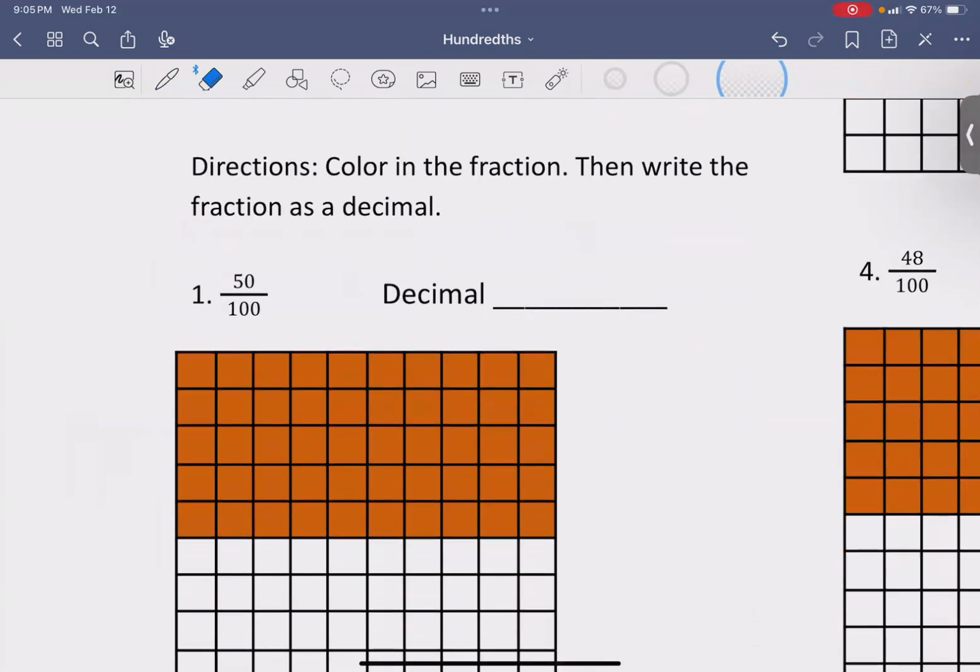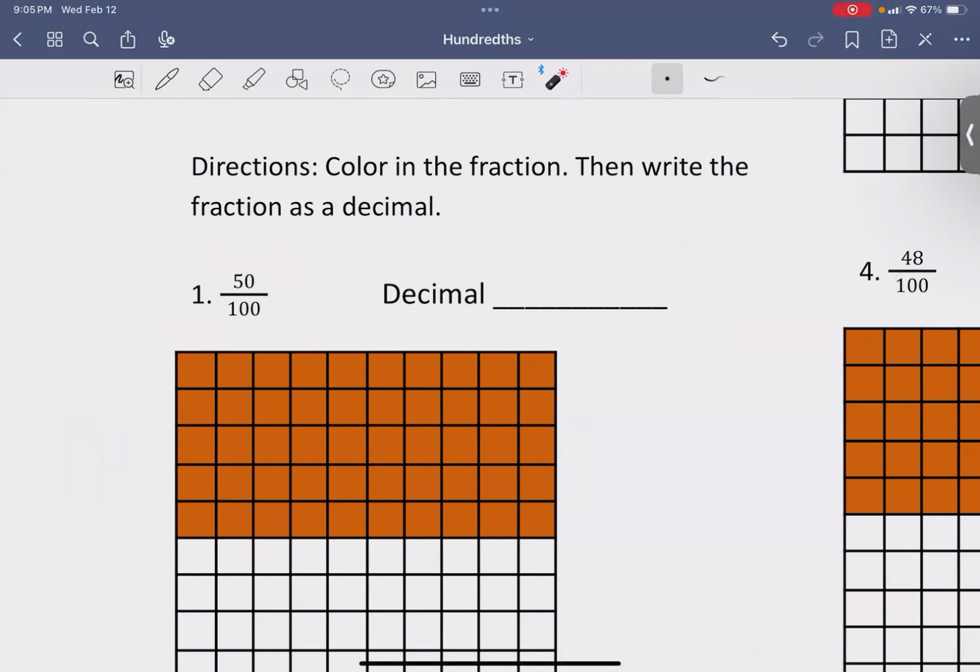Let's look at this one. The direction says color in the fraction, then write the fraction as the decimal. So it's already colored in for us. So we need to find 50 hundredths.